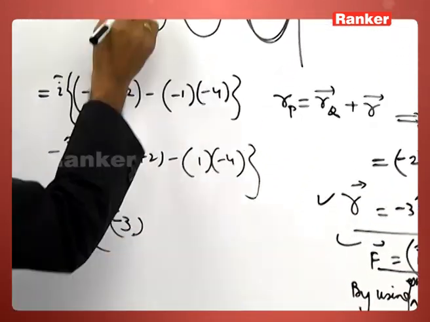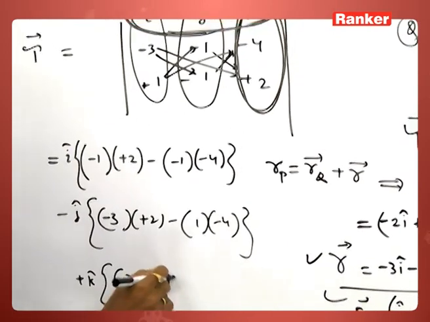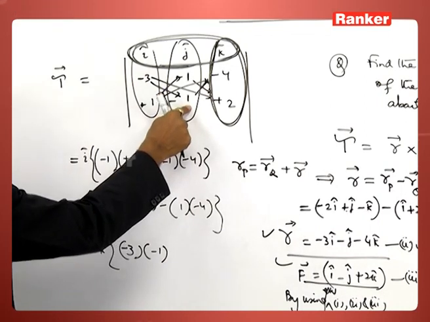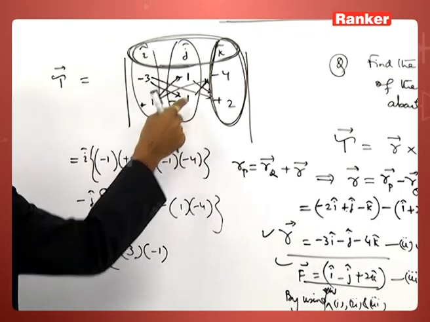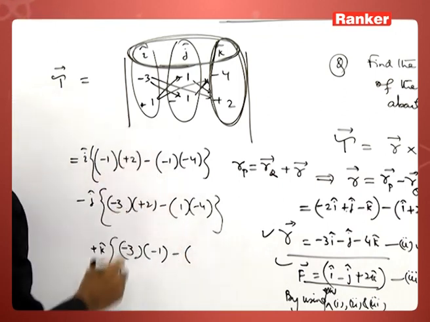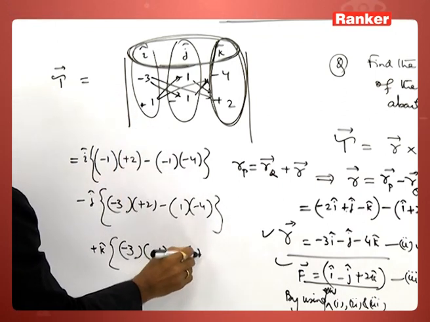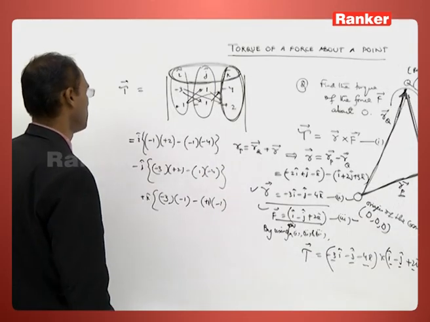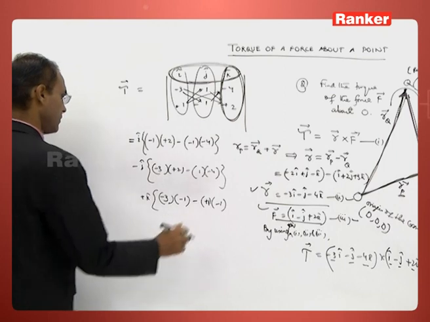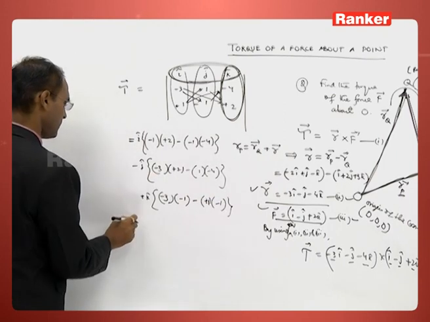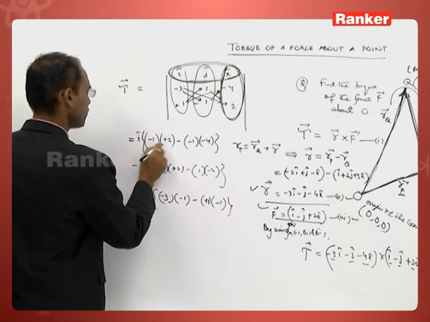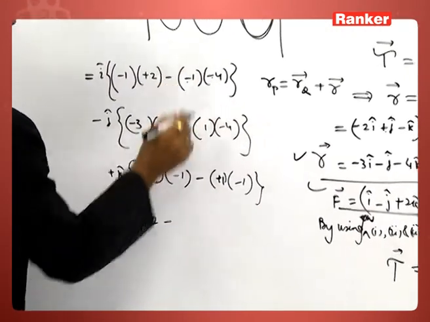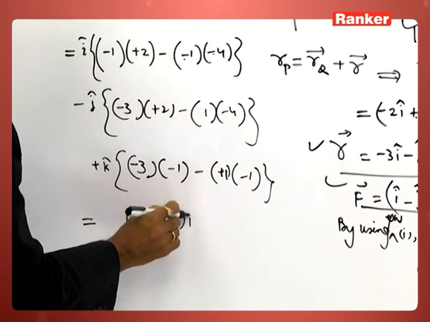Minus 3 into minus 1, from top to bottom, from left to right, minus plus 1 into minus 1. This is k cap. Evaluate. This is minus 2, minus 2 minus minus 1 is plus, plus 4 i cap.